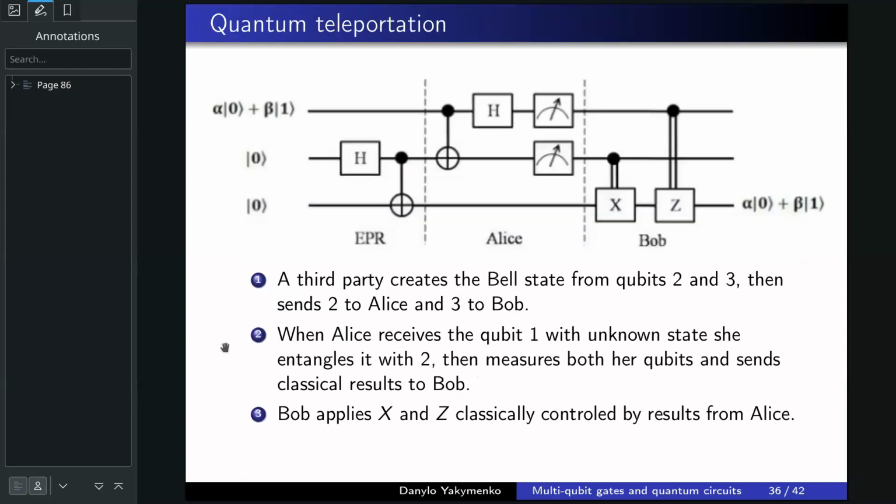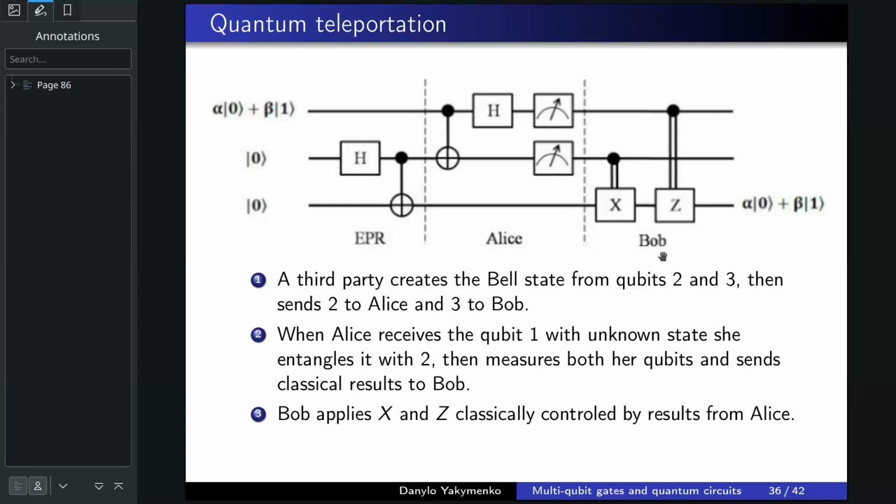Okay, now let's see an example of a circuit. This is an example of a quantum teleportation circuit. Now, what is quantum teleportation? In the quantum teleportation scenario, we have two parties, Alice and Bob.